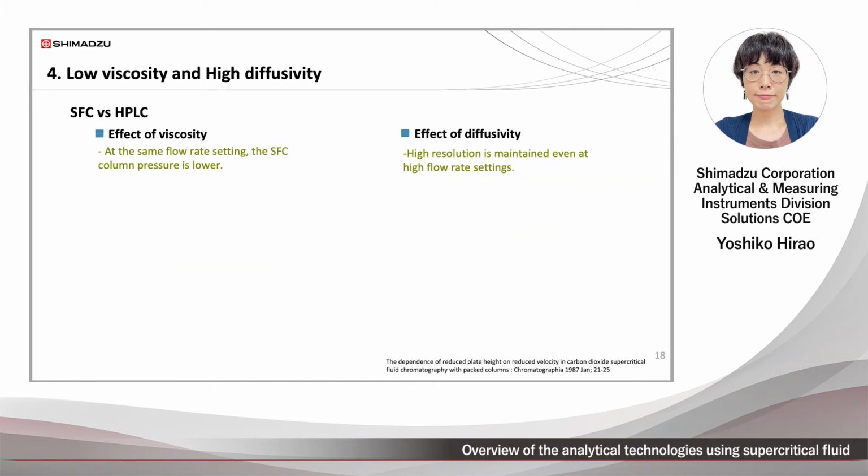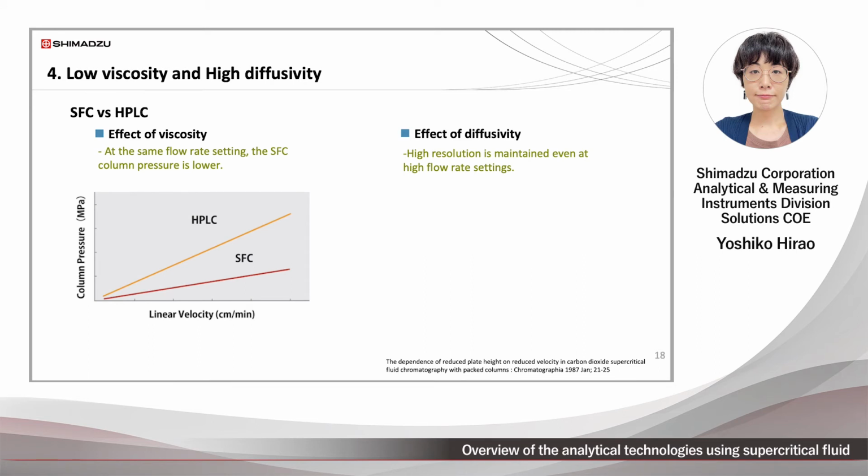The fourth is low viscosity and high diffusivity. The left is a comparison of linear velocity and column pressure plotting between HPLC and SFC. As you see in the graph, the column pressure of SFC is lower than HPLC. It allows SFC analysis at higher linear velocities.